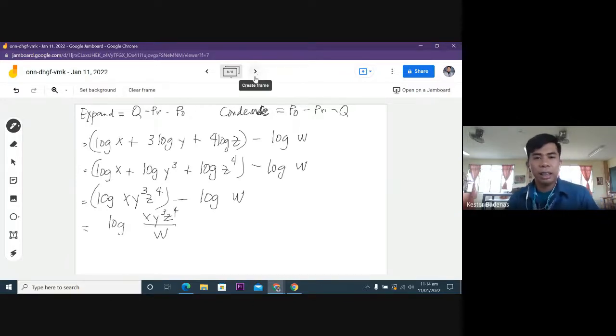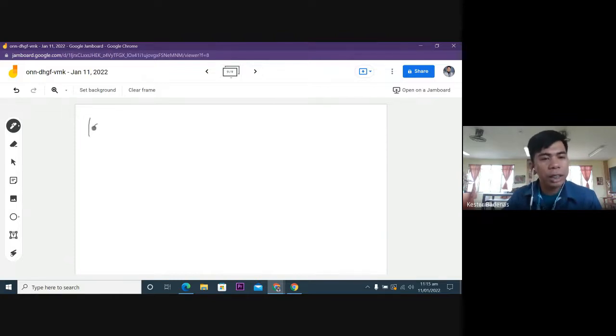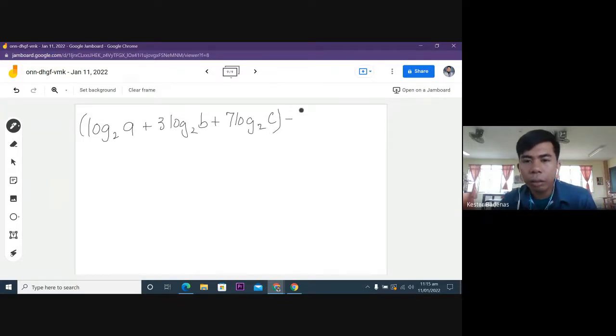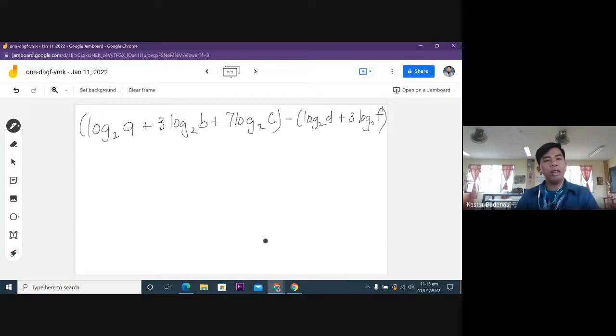Okay? Sige. Next example tayo. Condense natin yung logarithm of A with the base 2 plus 3 logarithm of B with the base 2 plus 7 logarithm of C with the base 2 minus logarithm of D with the base 2 plus 3 logarithm of F with the base 2.